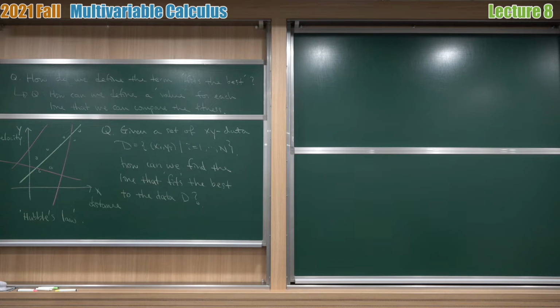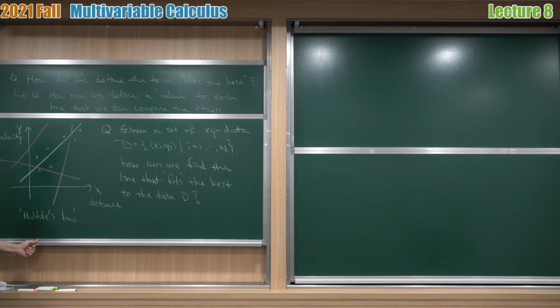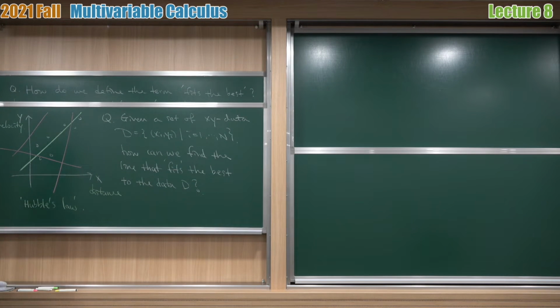And when you observe something, you have to introduce a measurement, and a measurement has an error, right? So it doesn't follow exactly this line, but there's some error from this line. So what's your goal? How do you find the line in this situation that to fit the best to the data?